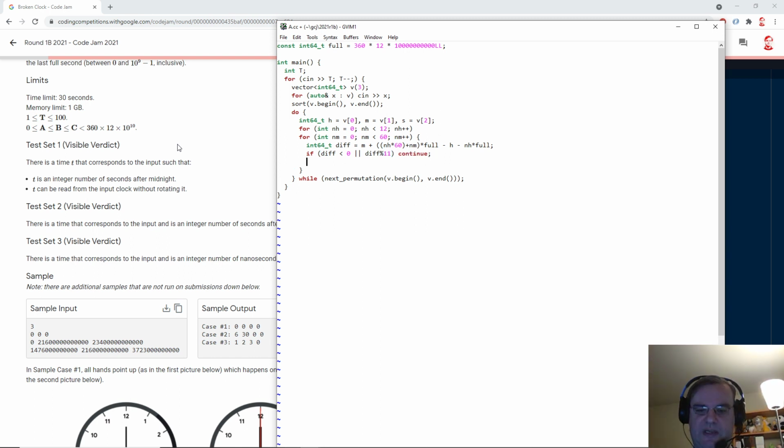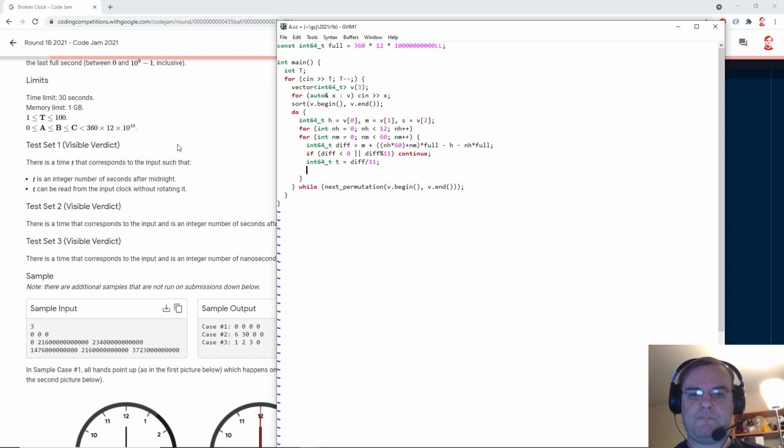Okay, so the actual time is going to be, see whether it's consistent with all of the given times, which means, so that's the, should be the other way around.